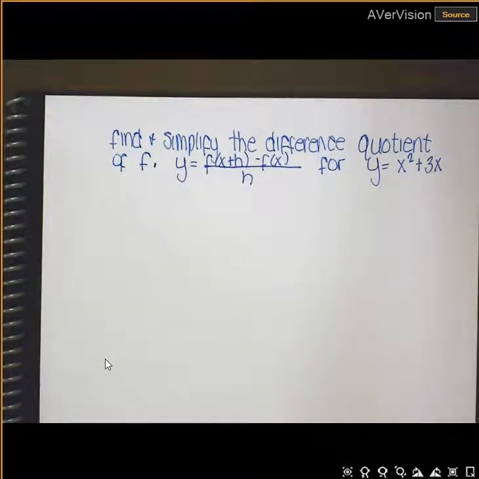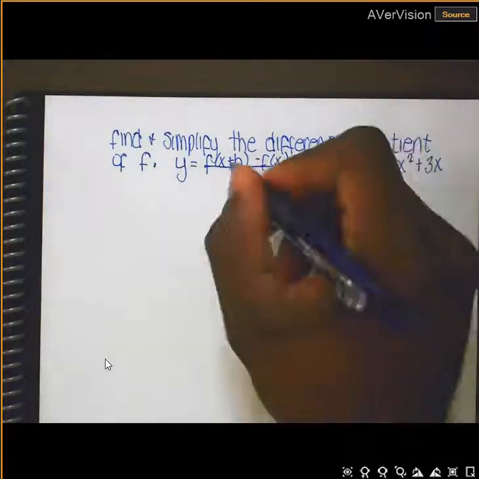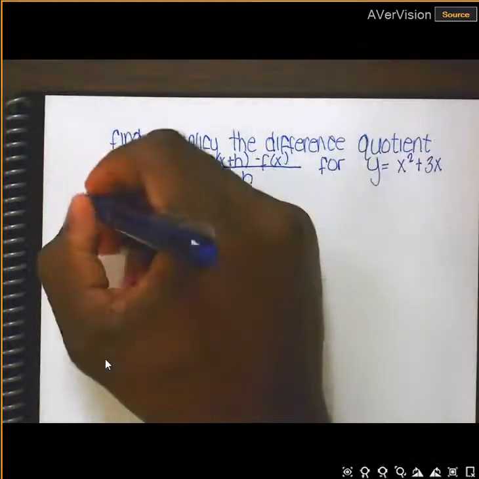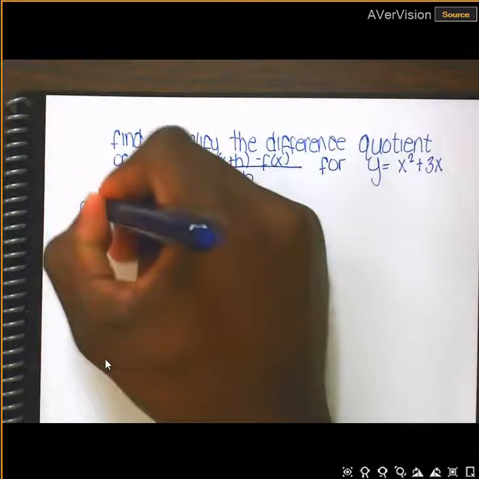Yeah, so we want to find and simplify the difference quotient for the function y equal to x squared plus 3x. All right, so break it up into pieces. First, we want to find f of x plus h.